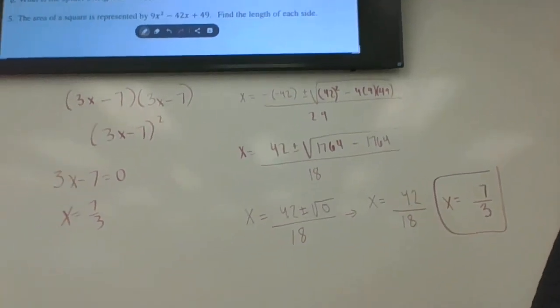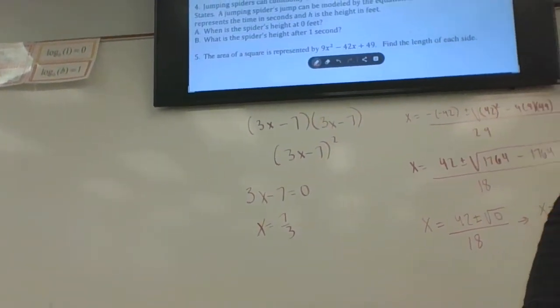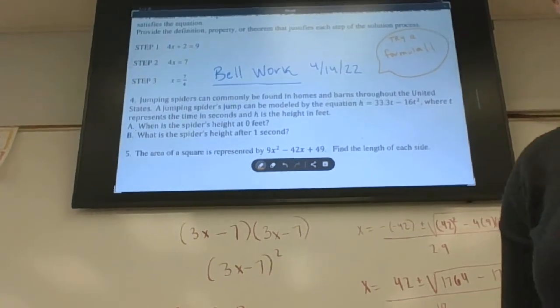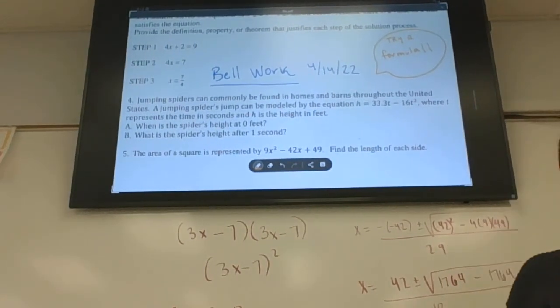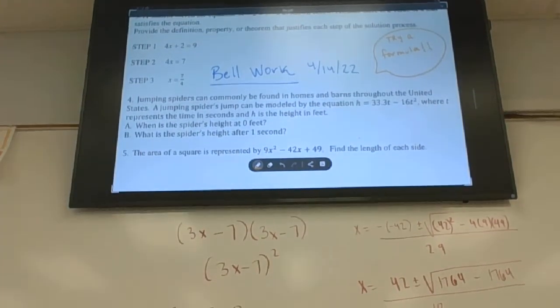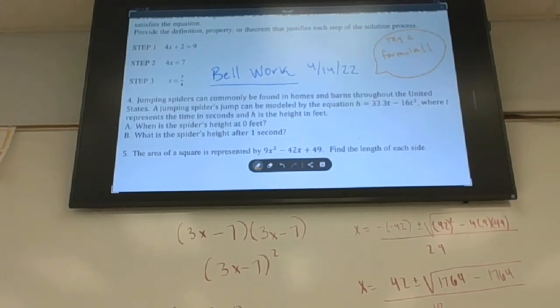All right. For the next portion of class, you guys need 3 colors. Yellow, blue, and pink highlighters. If you don't have colored pencils, yellow, blue, and pink.